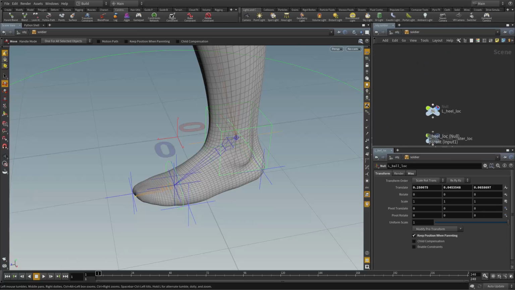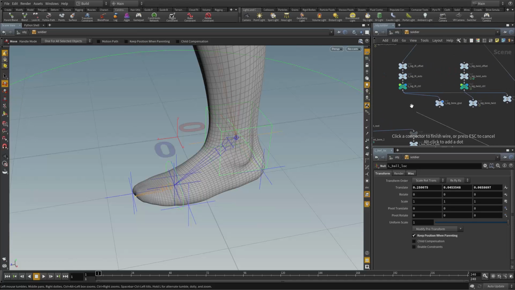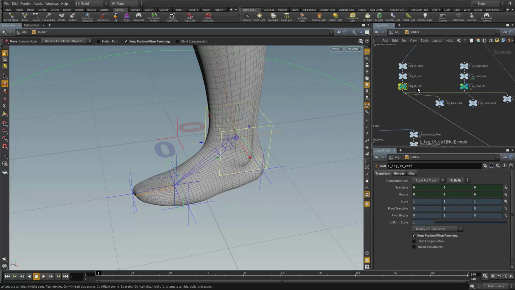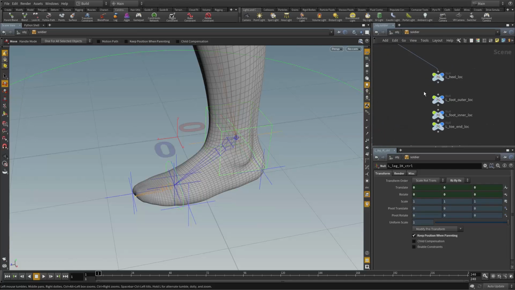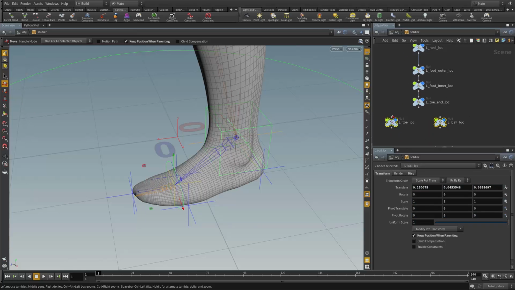So we'll take left heel location, make it a child of the left leg IK control. And then left foot outer location is a child of a left heel. Inner location is a child of the outer location. Toe end is a child of the inner location. And then both the left toe location and the left ball location are children of the toe end location.